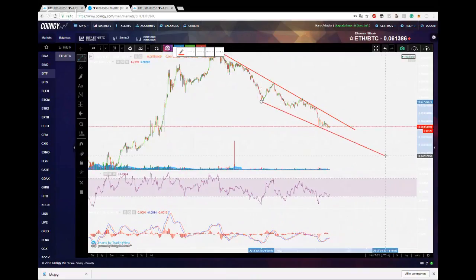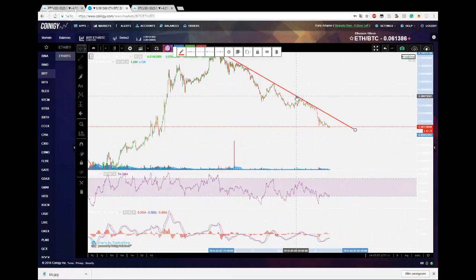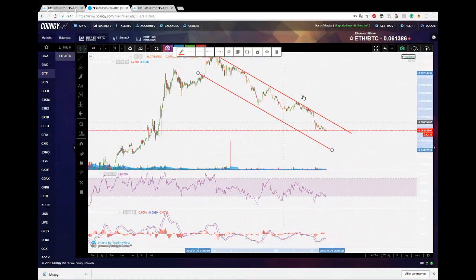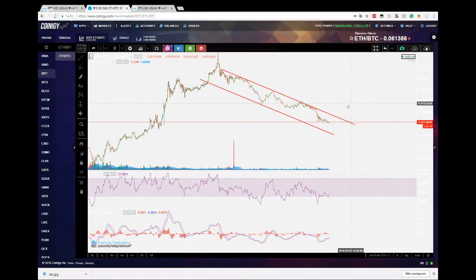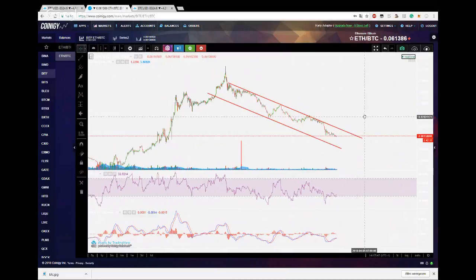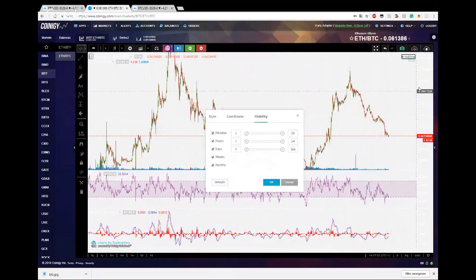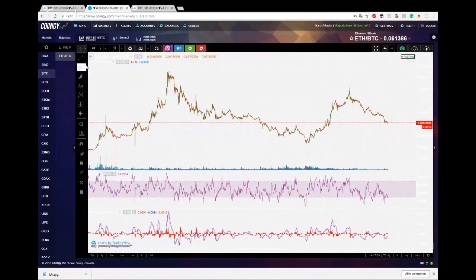You know, I could potentially draw this, but we need a proper trend line in order to make a channel. This would be the channel, but it doesn't really make sense. Let's just remove this. So we're just going over to our Fibonacci levels.